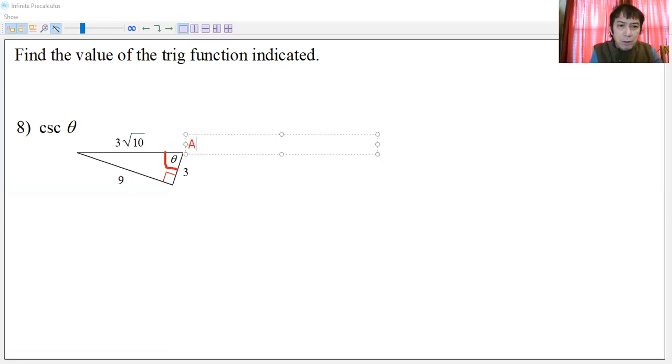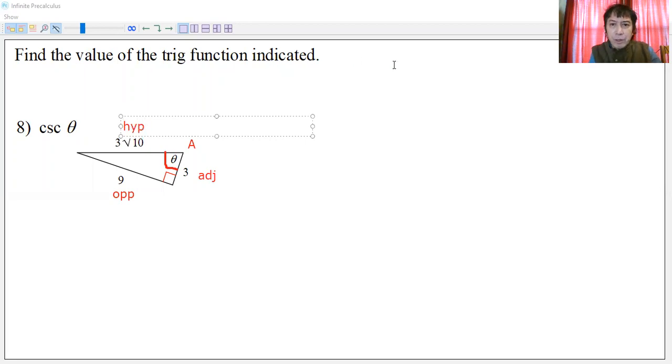Opposite the angle A is the 9, so this must be marked opposite. Beside angle A is the adjacent side, the length of 3. Now the radical expression 3 square root of 10 is the exact value of the hypotenuse. So this is hypotenuse over here.